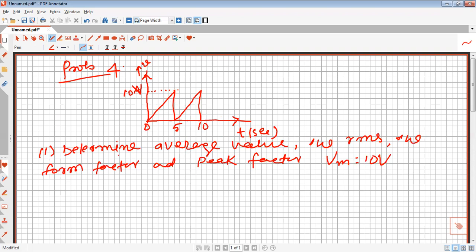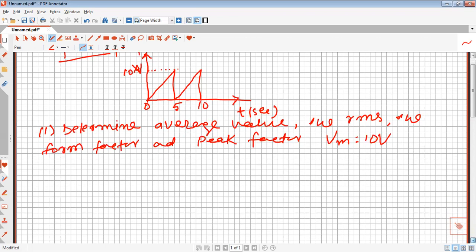So we have to calculate the average value and RMS value. By knowing these two values, we will be able to find the form factor and peak factor. In this equation, V average is already defined.